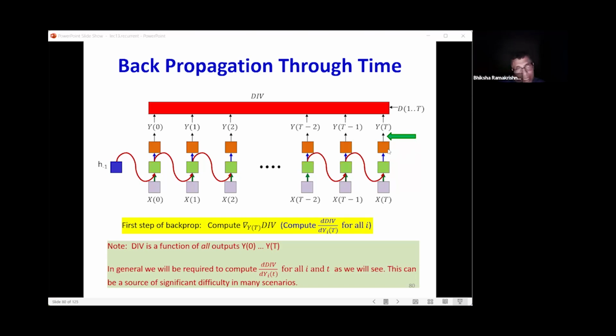We will see in coming classes how we make that happen in order to be able to train these networks under different settings. But for backprop, assuming that the divergence is differentiable with respect to this y of t, we would start off by computing the derivative of the divergence with respect to y of t. Again, computing this can be a challenge. We'll see how to deal with it in following classes.